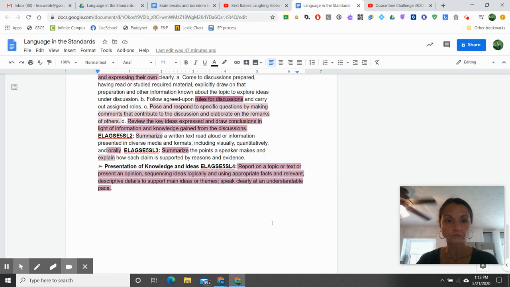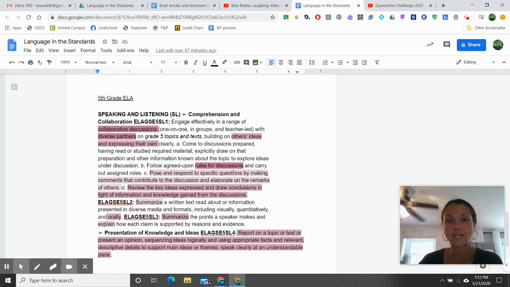Okay, now we have another big area that we use a lot in speech and language, and that's speaking and listening, comprehension and collaboration, presentation of knowledge and ideas. This is just exactly what we do. But the thing is, these standards talk in big, broad terms, and we break it down into very small, little terms.